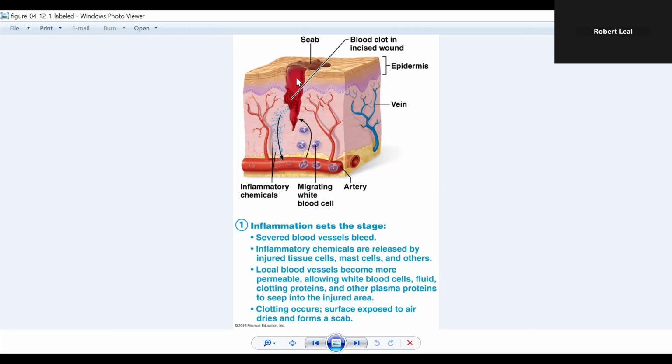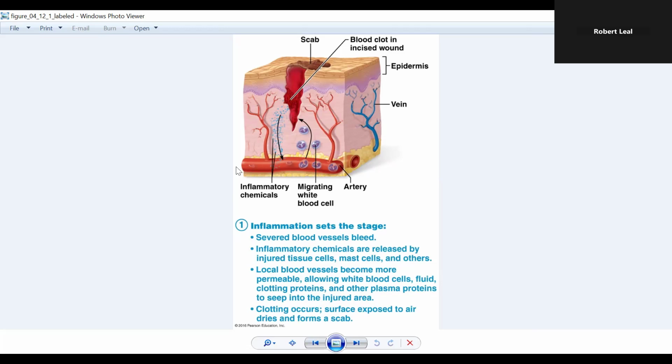Let's say damage occurs. Some tissues have the ability to regenerate, to do mitosis. Not all tissues, okay? So the top layer, where the damage occurs, will be able to regenerate. In the area where the damage occurs, chemicals will be released, and that'll cause blood vessels to open up more. So they're going to leak out more, causing inflammation.